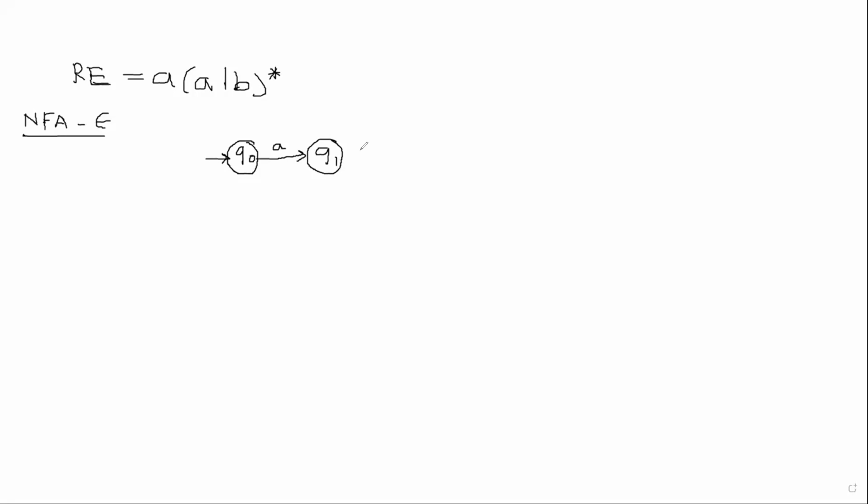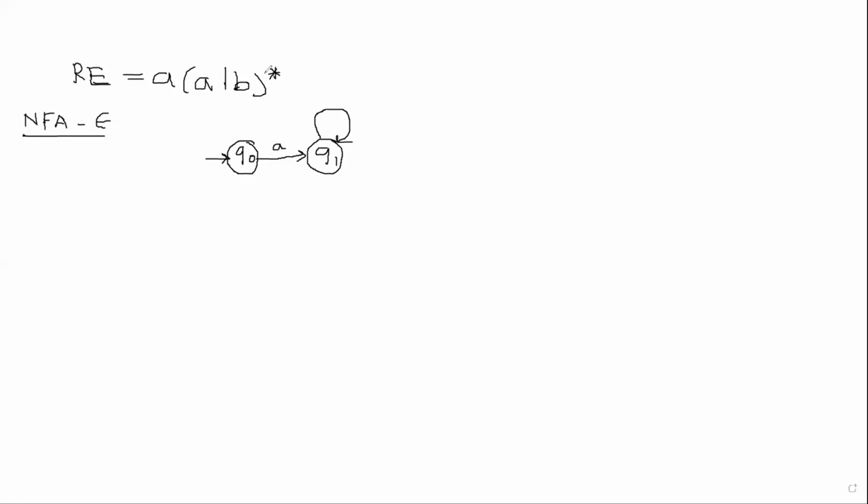So here we are having a compulsory path from Q0 to Q1 with A as an input. And after this, once A is found, you can have any combination of A and B with Kleene closure. So whenever the Kleene closure is there, you have to form a loop.